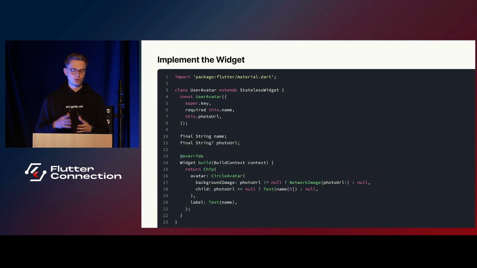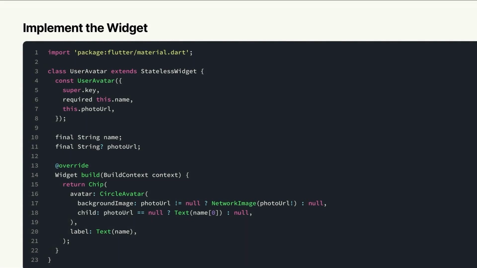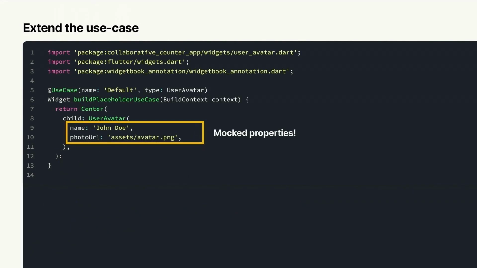So what we then do is we implement the widget. And I mean, we just learned how to build reusable components. So we're just following exactly that best practice of basically not including any dependencies in there. And the next step would be we need to extend our use case now. And we need to do it because before our user avatar was parameterless, but now it requires 2 parameters.